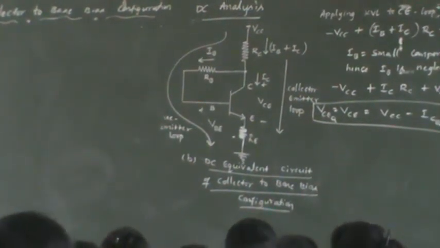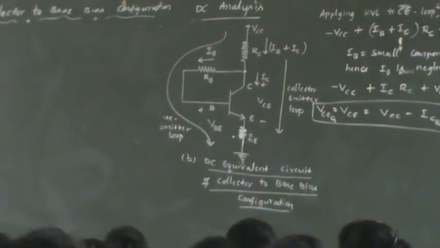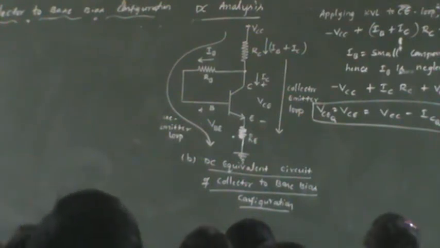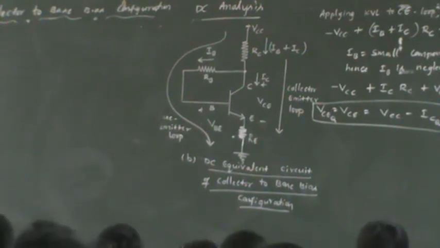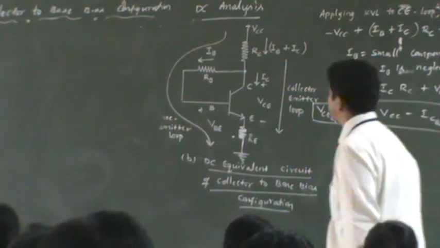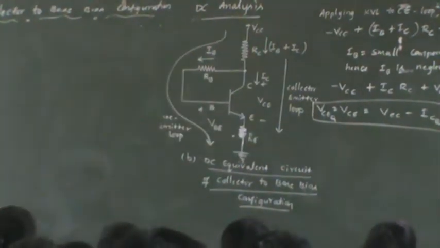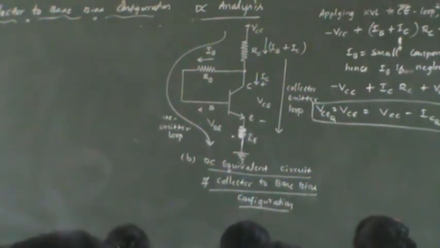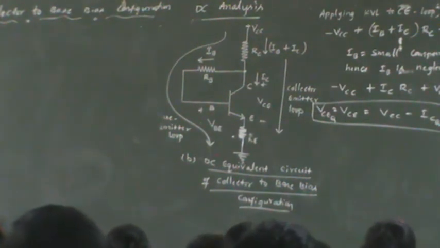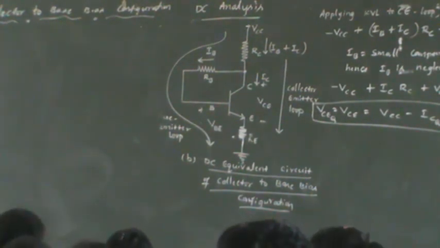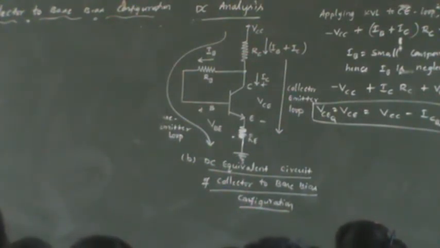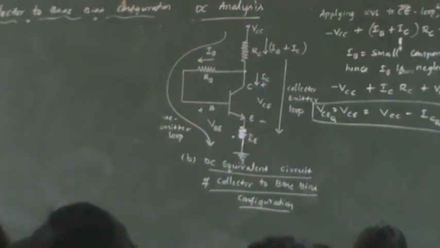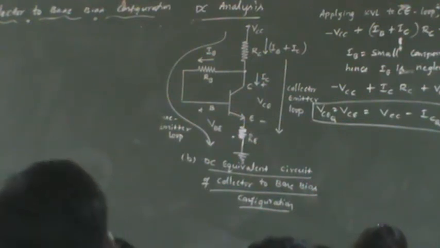Later on write the expression for IC. And finally write the expression for VCE. Anybody has written on this side? IB expression. This is the modified collector to base bias.